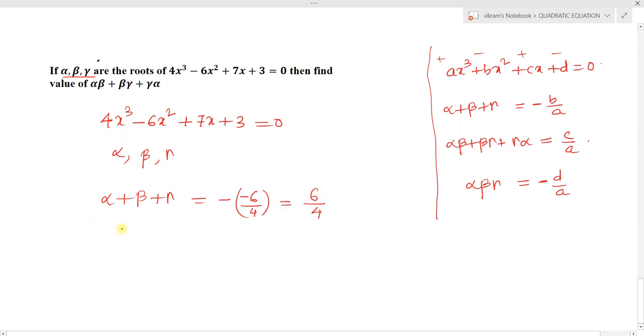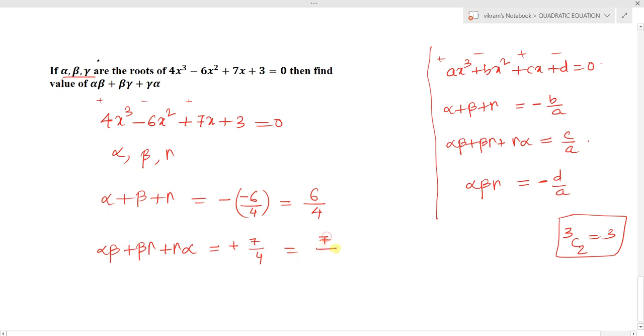Next, the sum of the product of the roots taken two at a time, that means alpha beta plus beta gamma plus gamma alpha. From the three total roots we need to select two at a time, 3C2, which gives three conditions. That equals (-1)^2, which is plus, into 7 by 4, which equals 7 by 4.